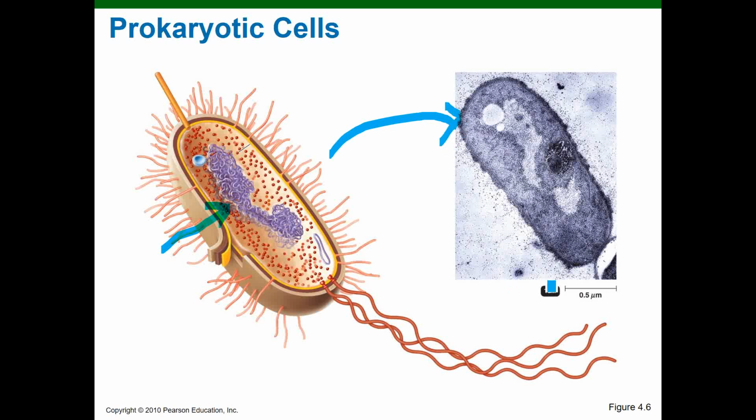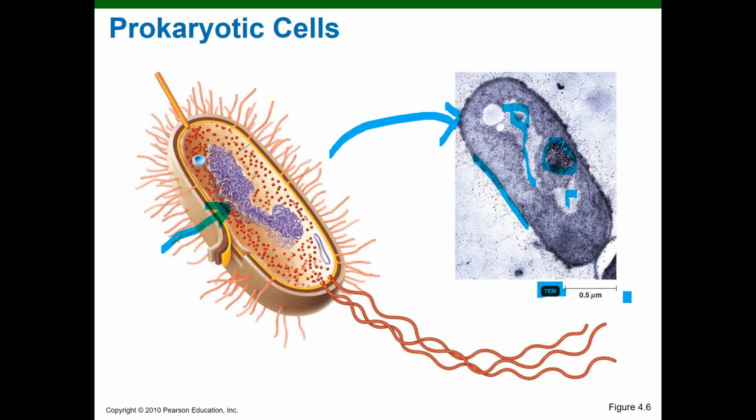This type of image is taken with a transmission electron microscope, or TEM. So you're actually looking at a slice of the bacteria, so you can see this cell wall. And you can see where the genetic material or nucleoid is for this particular bacteria. And we can see some inclusion bodies here as well. We'll talk about those in a little bit. So just so you know, these diagrams that you see in the textbooks are based off of real images.